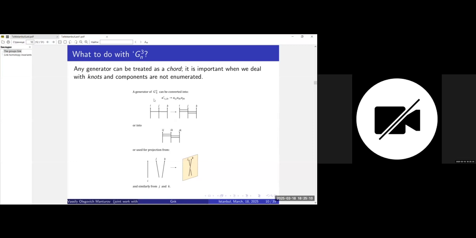And I can say that we may treat any generator as a chord connecting 3 points on I, J, and K. And then this chord can be split into 3 chords like this: IJ, IK, and JK.